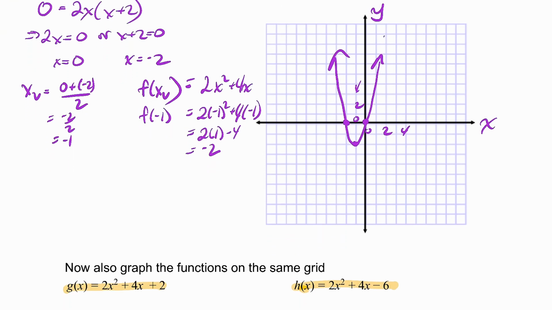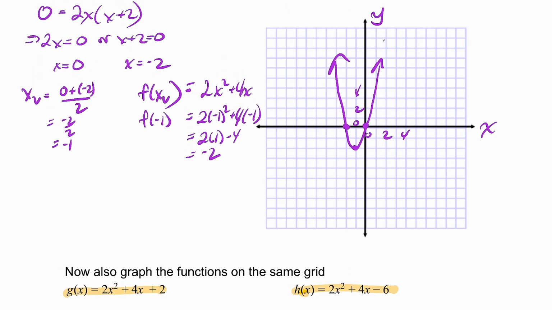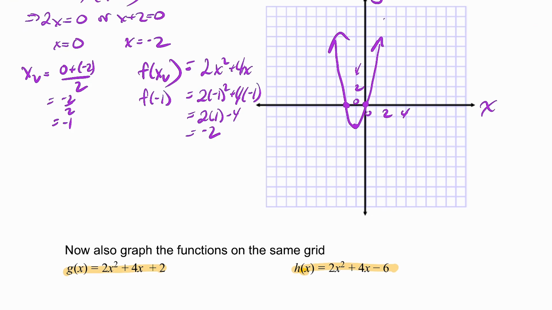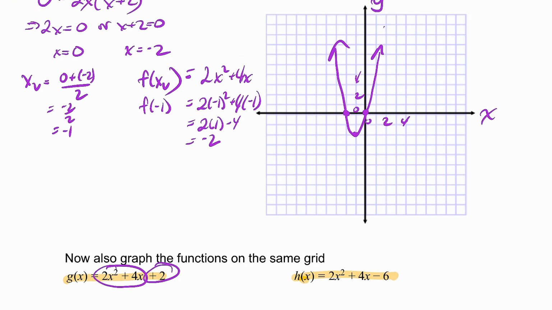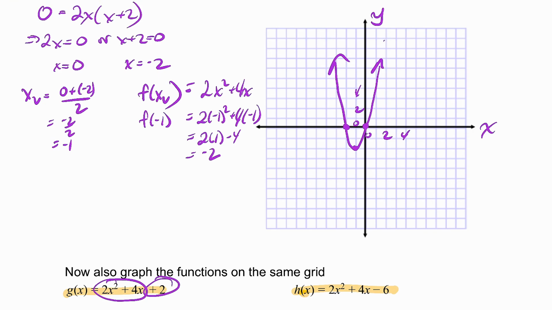Let's explore that one first. Well, essentially, we have the same part, 2x squared plus 4x, and we're going to add 2. So really what we're doing is taking every single one of our answers from f of x and just adding 2. So here we can see that the vertex happens at negative 1, negative 2. So we're going to move that point up 2.